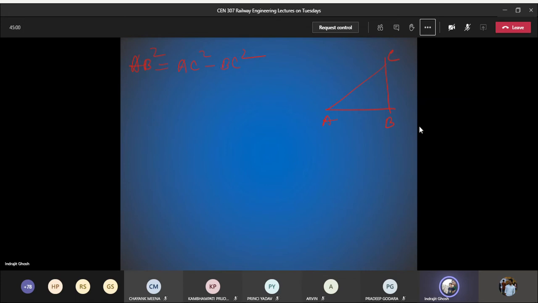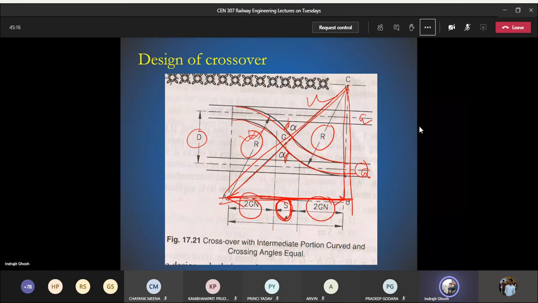Now what is AC? Who will tell me what is AC? What is AC? 2R. 2R minus G. Yes, 2R minus G, correct.